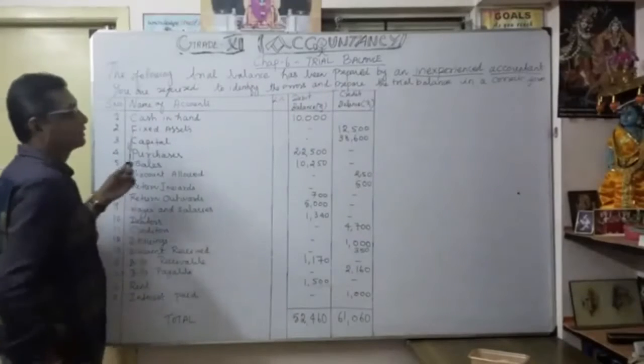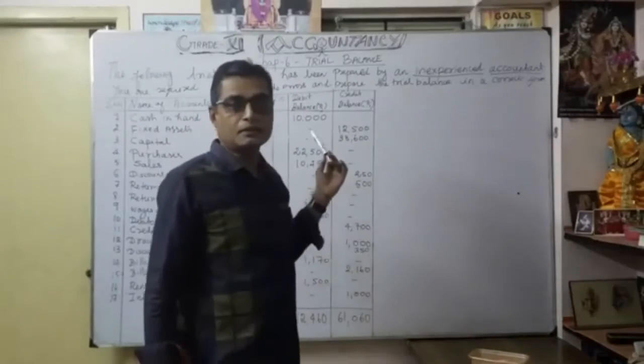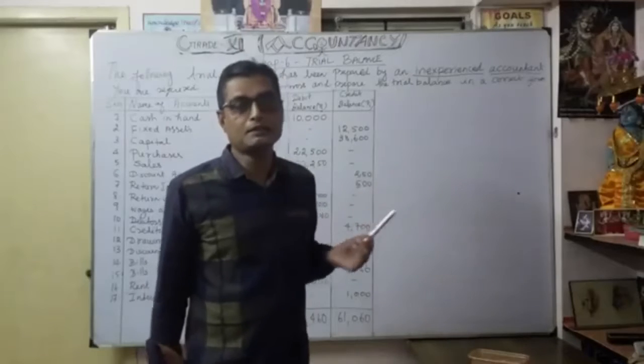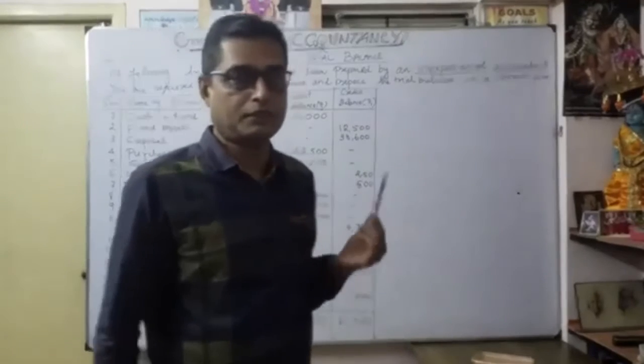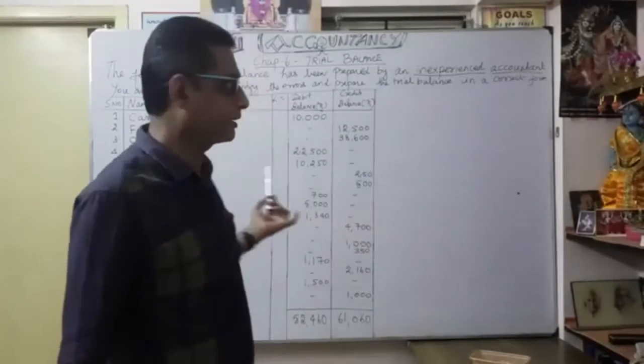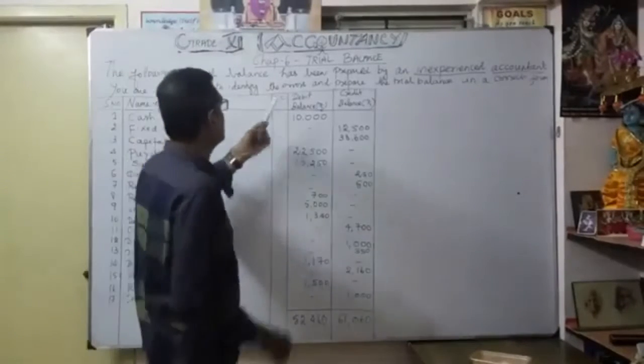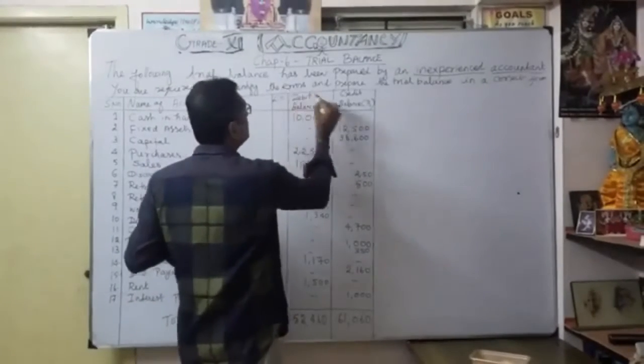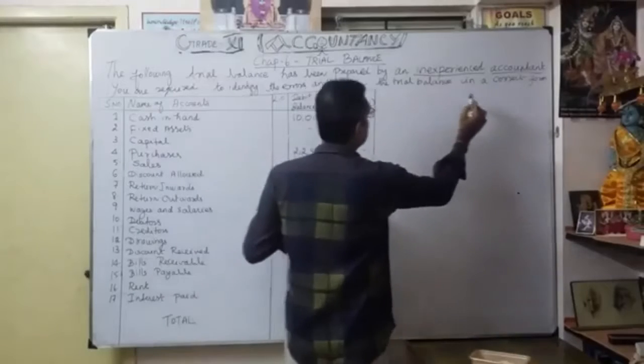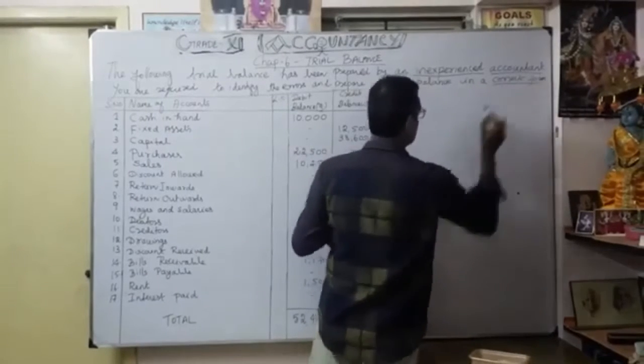Because he has not displayed it in the correct form of statement, so it does not disclose the correct statement. You are required to identify the errors and prepare the trial balance in correct form. We are going to do that now.